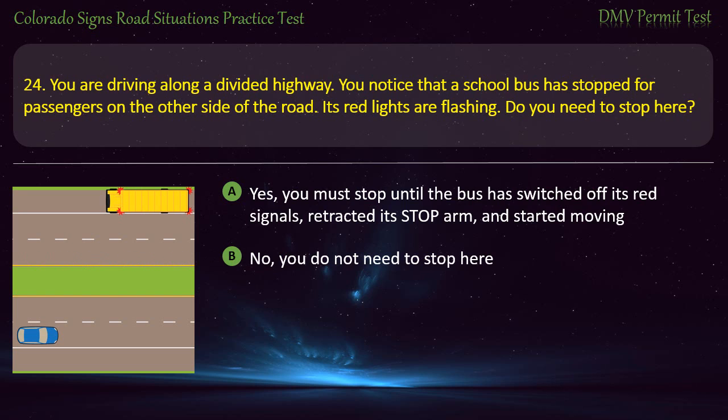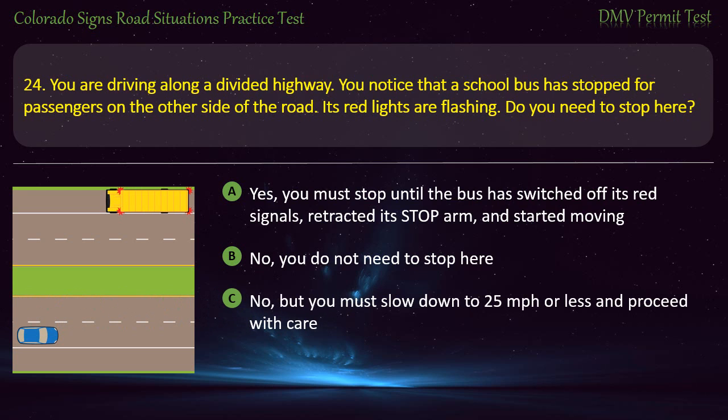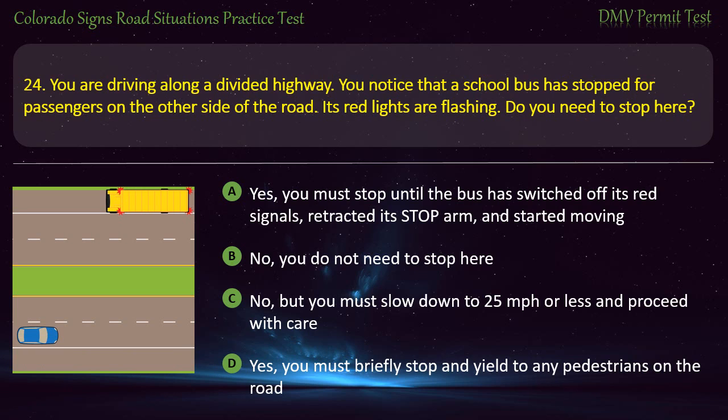No, you do not need to stop here. No, but you must slow down to 25 miles per hour or less and proceed with care. Yes, you must briefly stop and yield to any pedestrians on the road. Answer. No, you do not need to stop here.